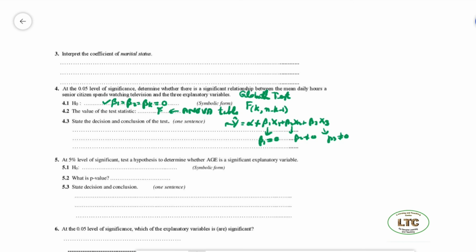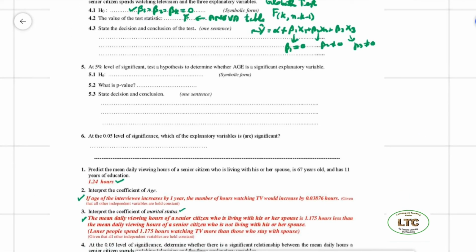Because beta 1 is 0, beta 1 x1 is 0, no more in the equation. Because beta 2 is not 0, beta 2 x2 exists in this equation. So if you change x2, y will change. Similarly, beta 3 is not 0, therefore beta 3 x3 is in the equation. If you change x3, y will change. Therefore x2 has effect upon y, x3 has effect upon y.